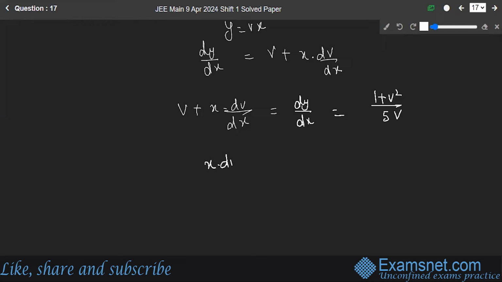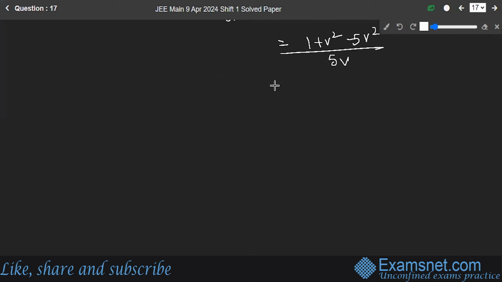So x into dv by dx is equal to (1 plus v squared) upon 5v minus v, which is equal to (1 plus v squared minus 5v squared) upon 5v, or this is equal to (1 minus 4v squared) upon 5v. That is equal to x into dv by dx.